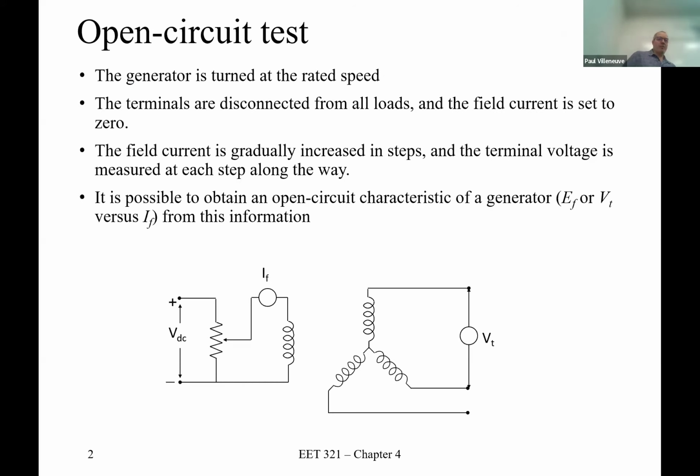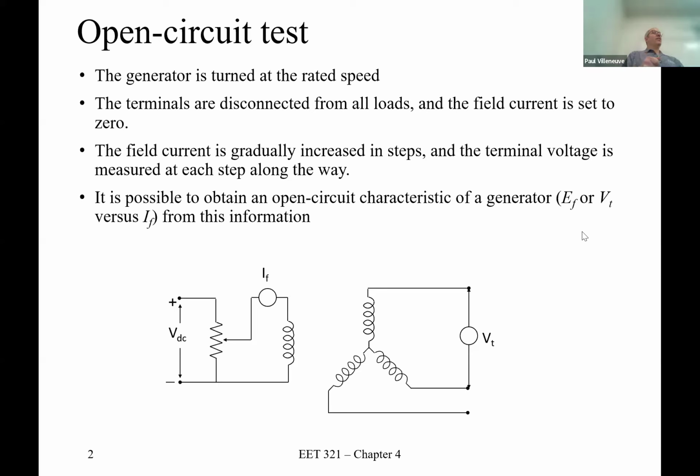All right, so when we run the open circuit test, again, we have to have the rotation. The generator has to be spinning at approximately rated speed. Just like the case of the transformer, for the open circuit test, it has to be running no load, which is another way to say no external connection, or open circuited. We're going to adjust our field current.